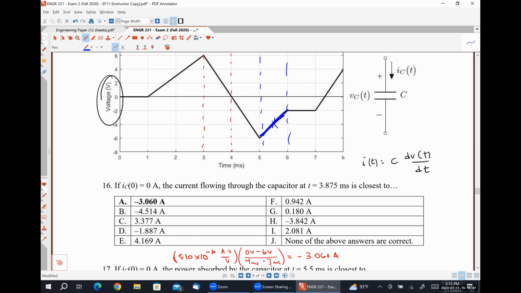You got that by taking -2 minus -6. Another way you could do it is looking at the middle, which is -4.